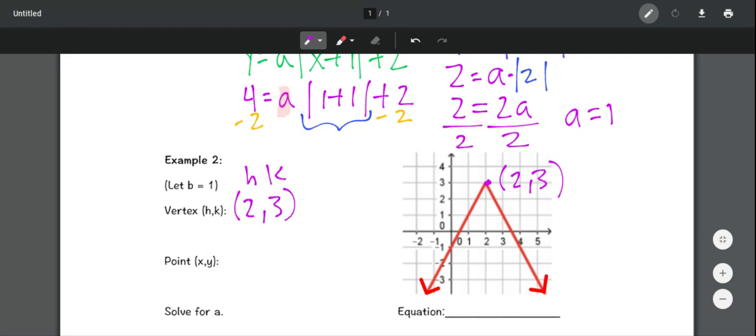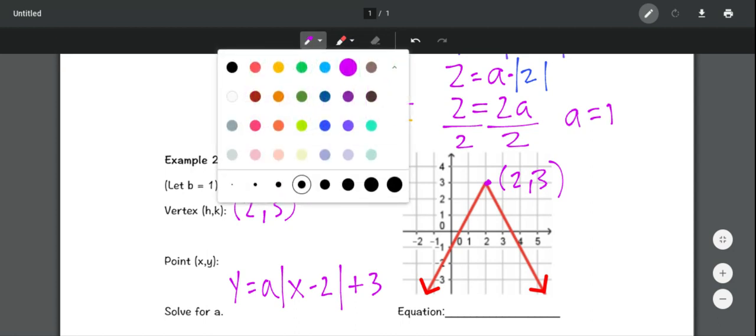I went 2 to the right, so that would be x minus 2. And I went 3 up to get to my vertex. Because remember, our parent function's vertex starts at 0, 0. So I know I went 2 to the right and 3 up.